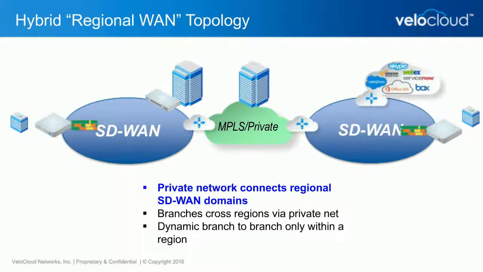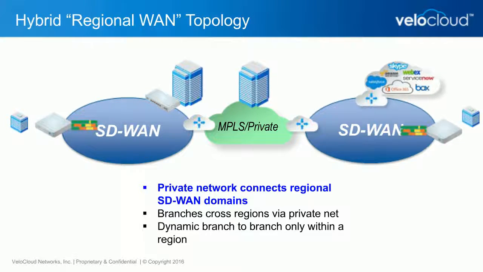So a simple extension to this off-net to on-net is a further extension to a regional SD-WAN hybrid technology. So we have multiple, often, SD-WAN regions or regional WANs. SD-WAN optimizes the last mile, whether it's hybrid or even pure internet, and these multiple regional WANs are connected via the existing private core.